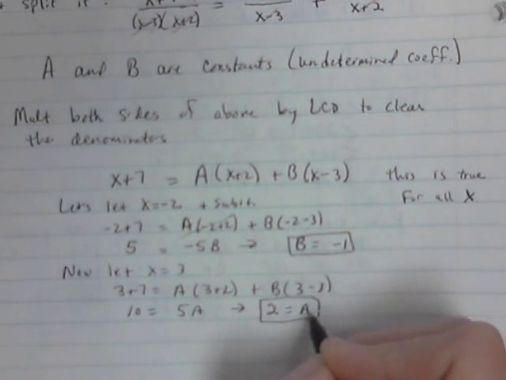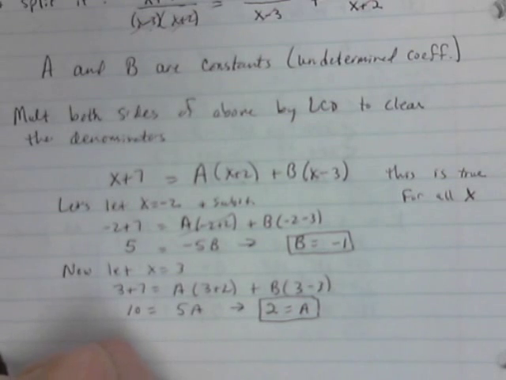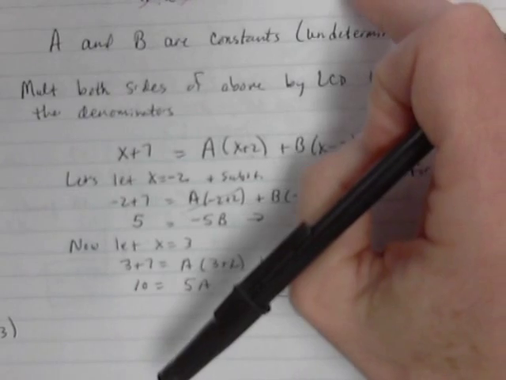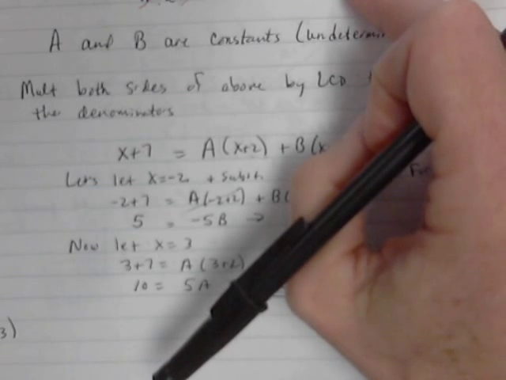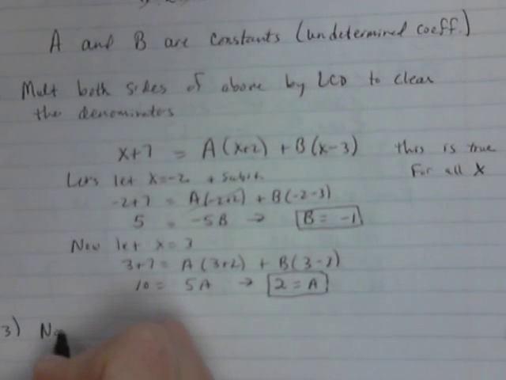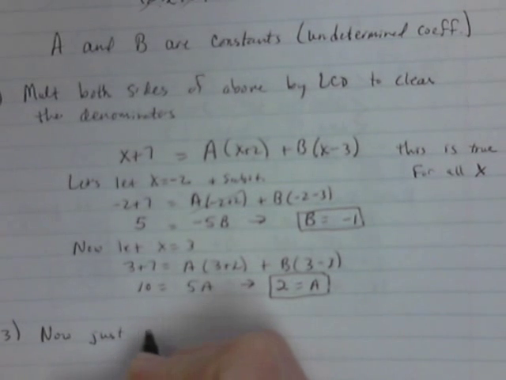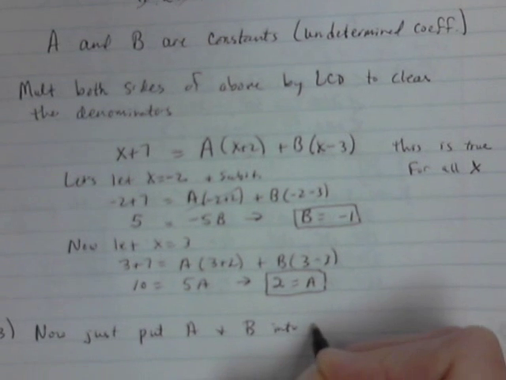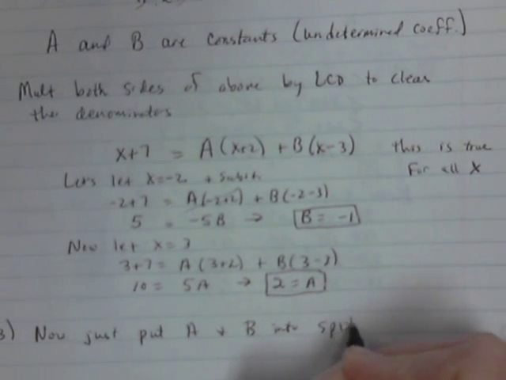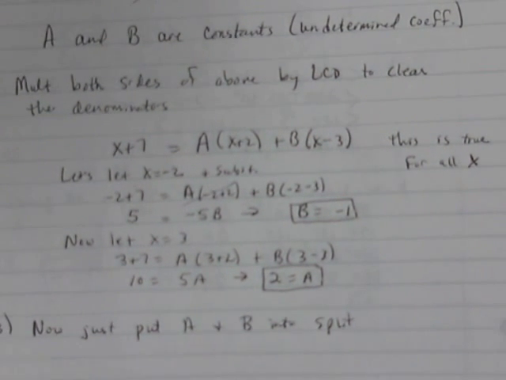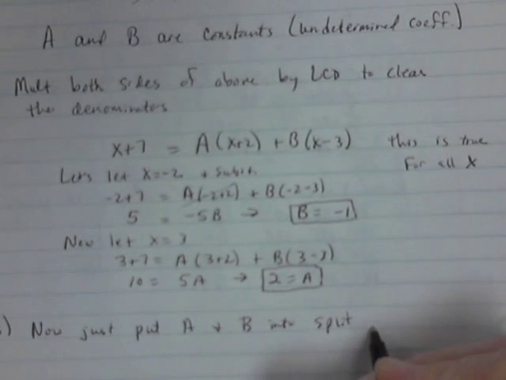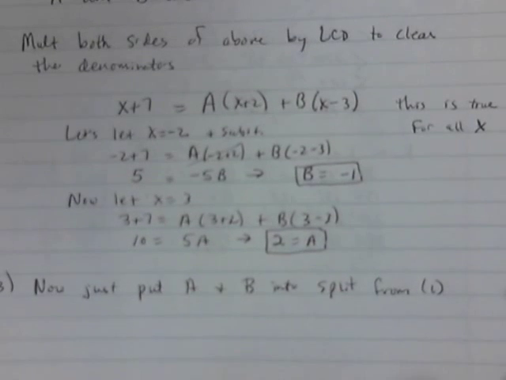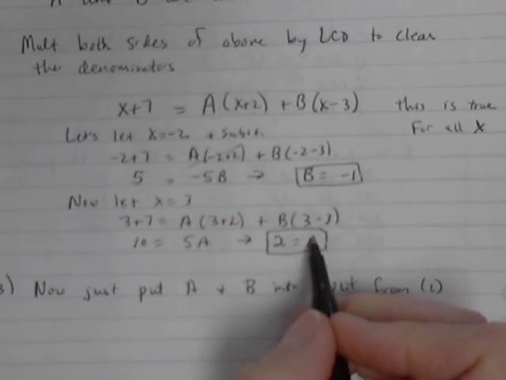So we've solved for the constants. And now step 3, the last step, is just to put the a and b constants into the split equation that we got from step 1. Okay, so a is equal to 2.